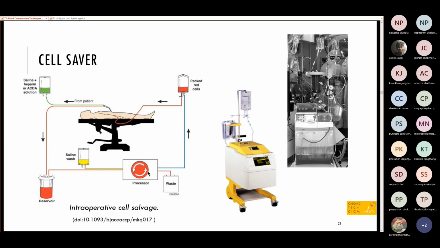The pump will move the blood inside the reservoir along with normal saline to wash the cells inside the bowl here.